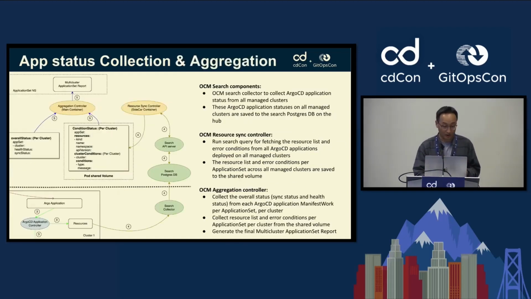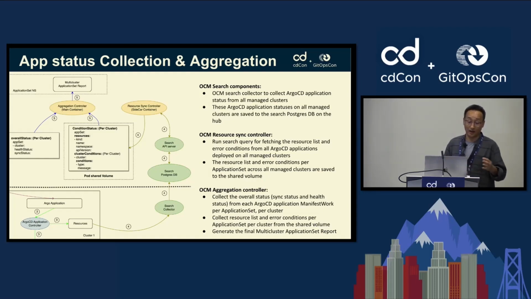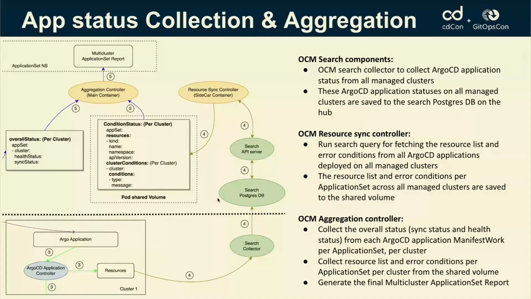Okay, so the last major part is, once we have all of these applications deployed on all the managed clusters, the next step is that we need to find a way to collect all of this multi-cluster application status from all the managed clusters. Here we have three major components to support this status collection and aggregation. The first one is our OCM search component.